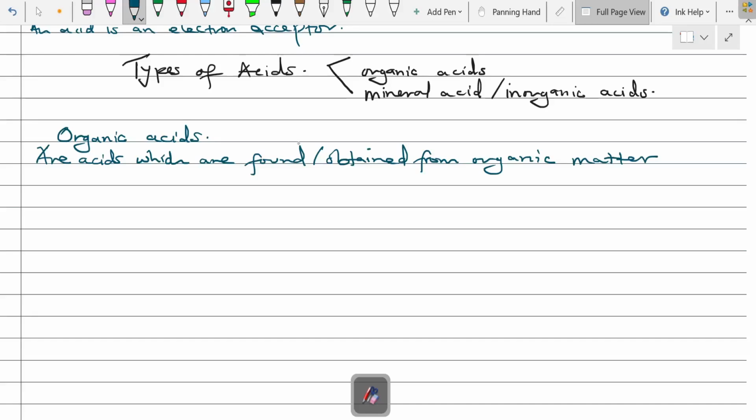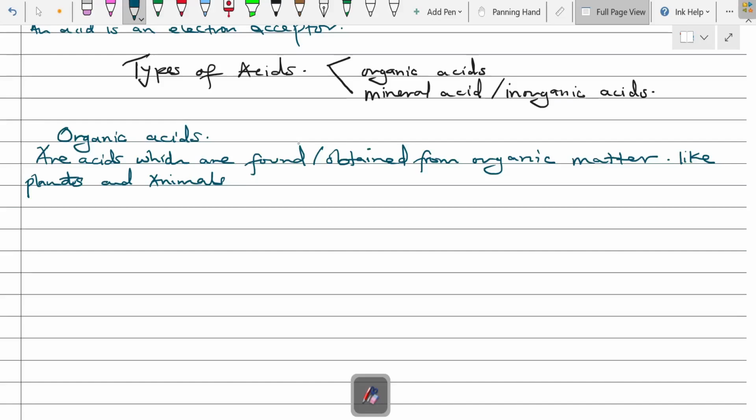And these organic matters can include, so you can say like plants and animals. So we are saying that these organic compounds are majorly found in plants and animals.